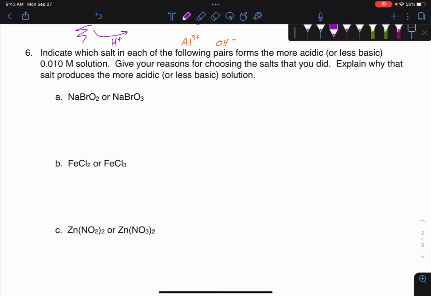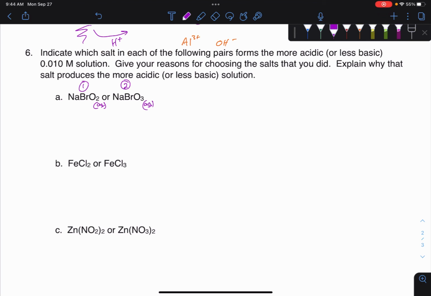Now, in the last one here, there's no acid salt, thank goodness, but it's the same kind of scenario where you're basically comparing one solution to the next. So imagine you have one solution of sodium hypobromite. You don't need to know the name. And this is sodium bromate. Two separate solutions. And we want to know which one is more or less acidic or basic.